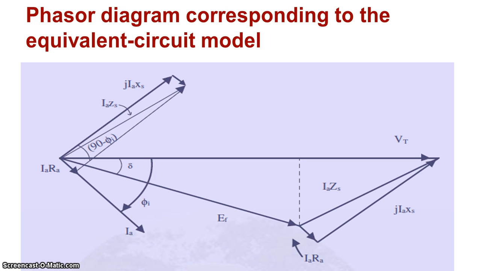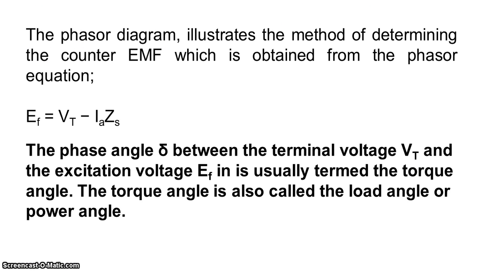Using triangular vector addition, we get EF, which is the excitation voltage, or you could also call it the counter EMF. We get it as VT minus IAZS.